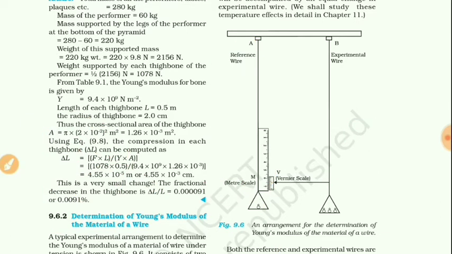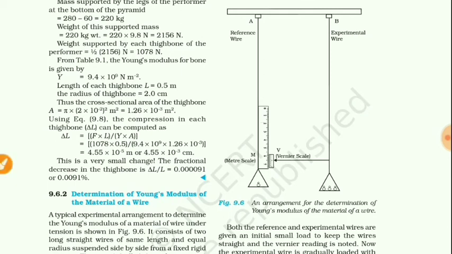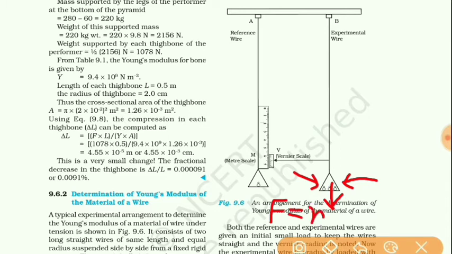So this is the experimental arrangement. Now after suspending the wires, stepwise the masses are increased in this pan. This is the pan in which the masses are kept. When the masses are increased stepwise, the force F, which is equal to mg, we call that the weight also, increases.